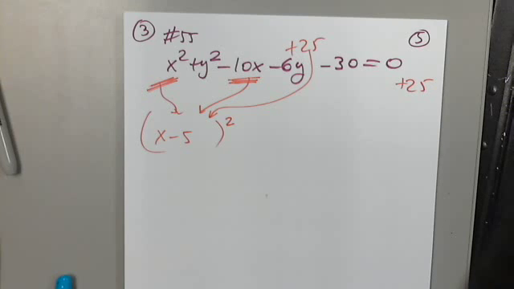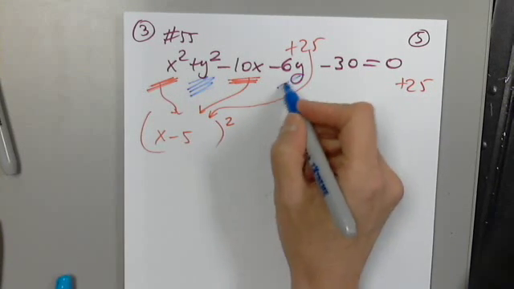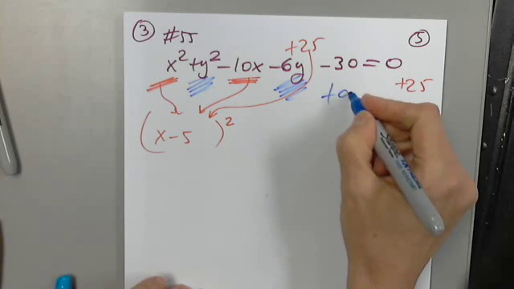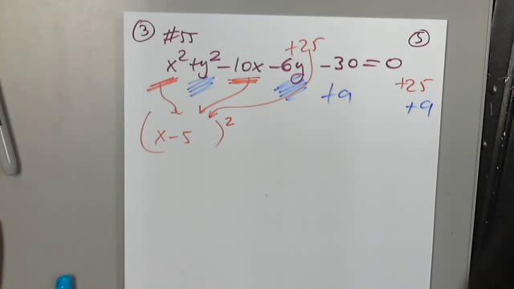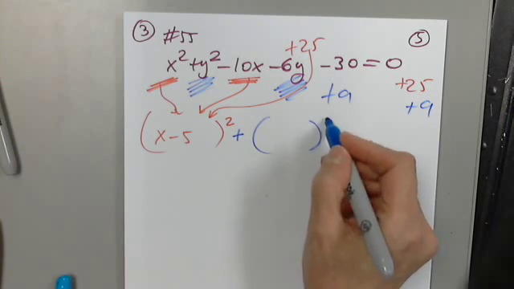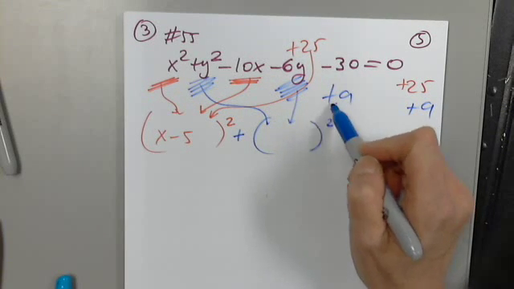Let's look at y squared and y. Middle coefficient. Divide that by 2. Square negative 3. That's it. Just remember to add to both sides. So now I have plus, and in here I have these three terms. 1, 2, 3.